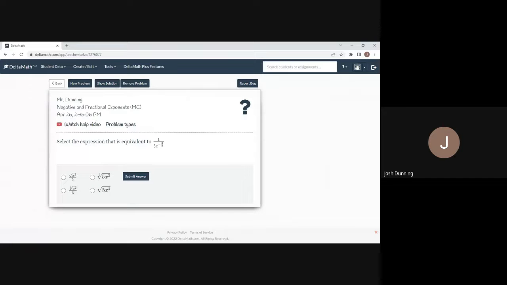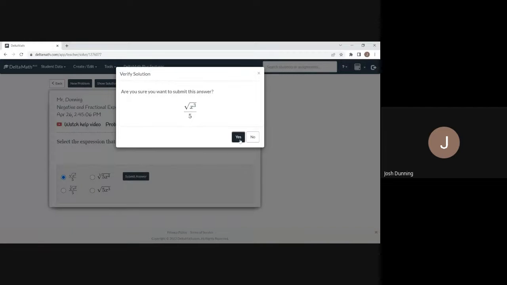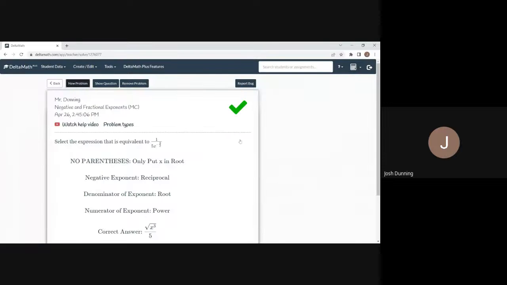This time, hey, that's gonna move it back up to the top. Now be careful. Only the x here has that exponent. So that goes up to the top. Raised to the 3rd, square root. The 5 actually does not have that exponent, so that stays on the bottom. If there was parentheses around, then it would be different. No parentheses.